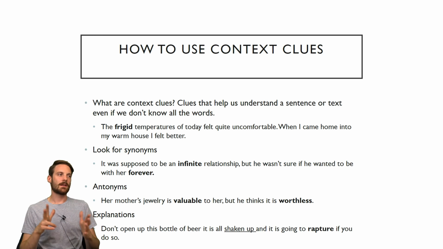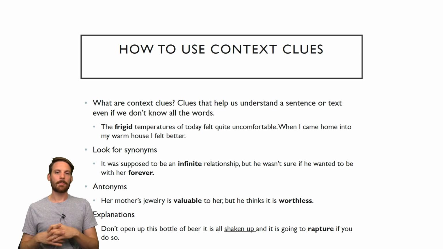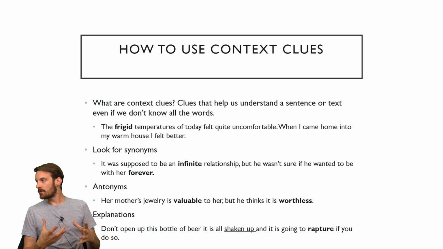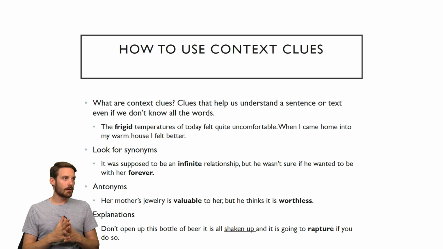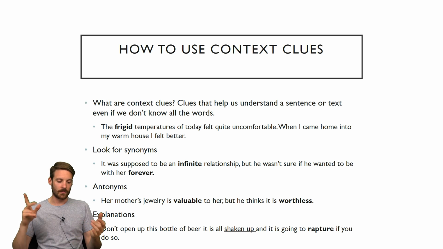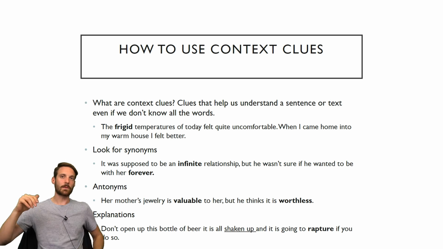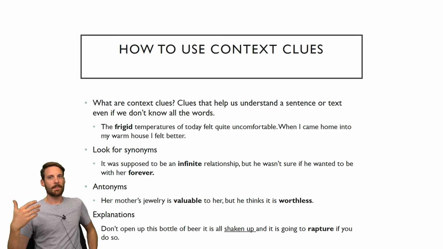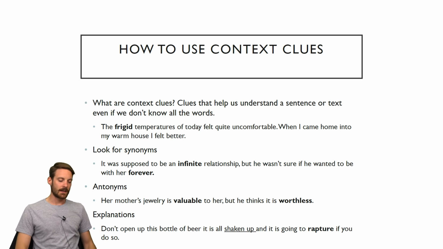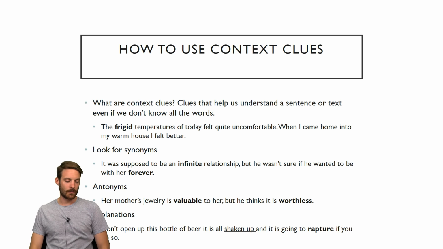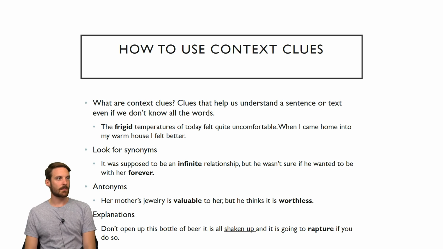And the three techniques you can use are looking for synonyms, looking for antonyms, and explanations. I'm gonna start off with the synonyms. So the sentence I've provided reads as follows.